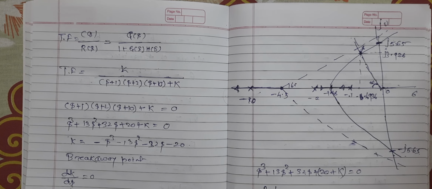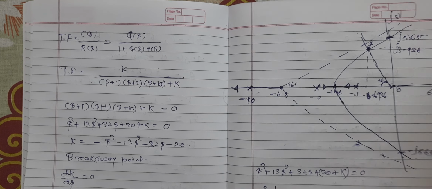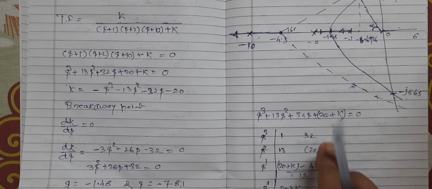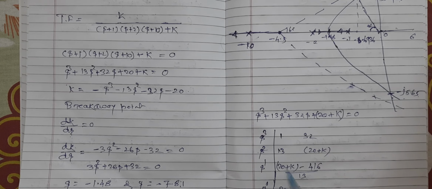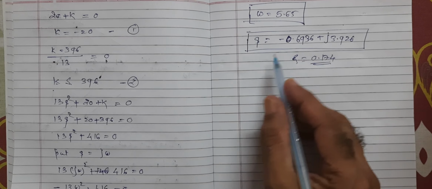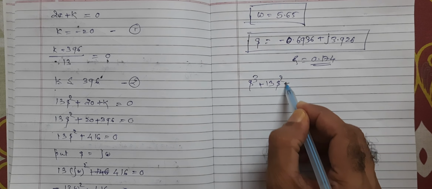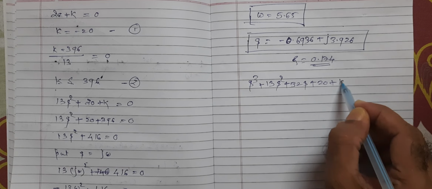Now for this we know the equation, s cube plus 13s square plus 32s plus 20 plus k equals 0. In this equation we will put the value of the s.